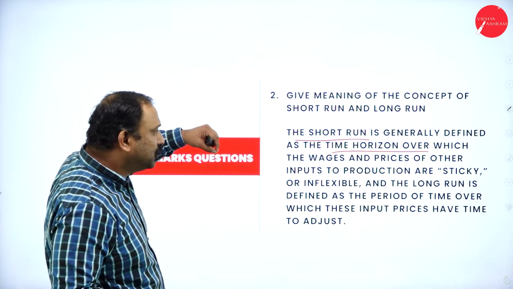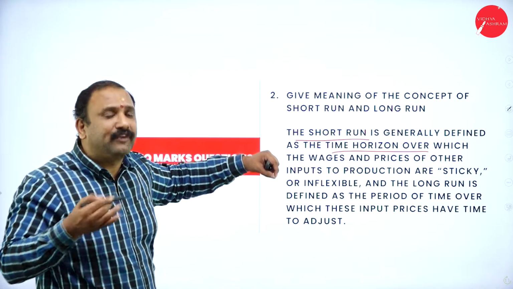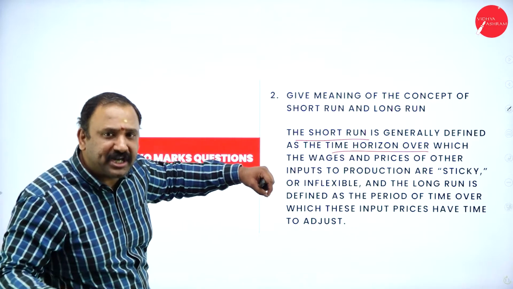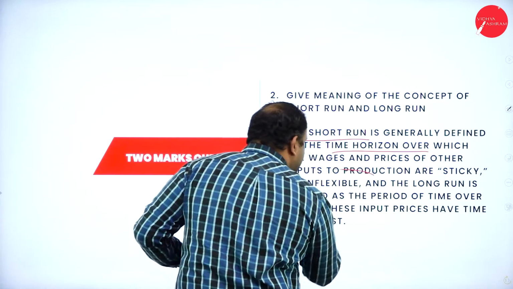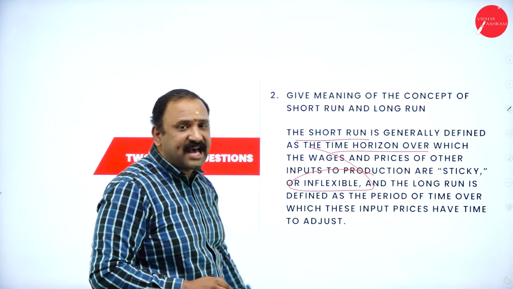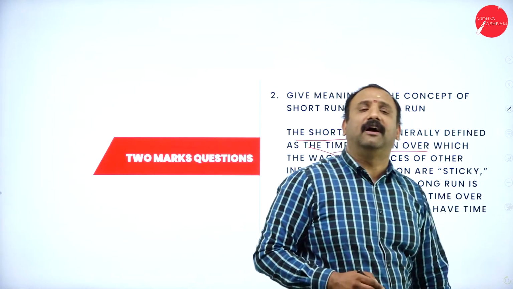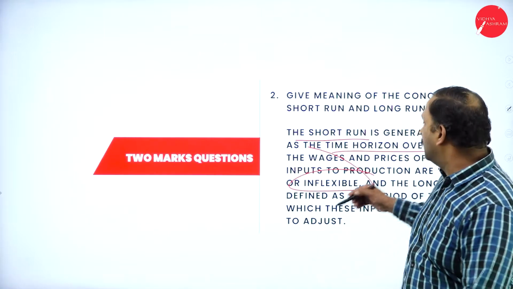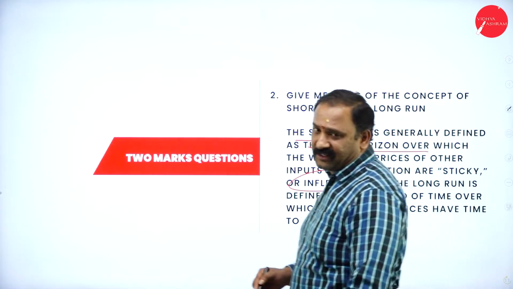But what we tend to do here is treat these as inflexible in nature. This cannot be changed or varied. So it sticks over a particular period of time. That's how things start working here very clearly.